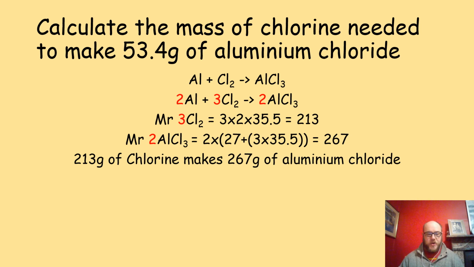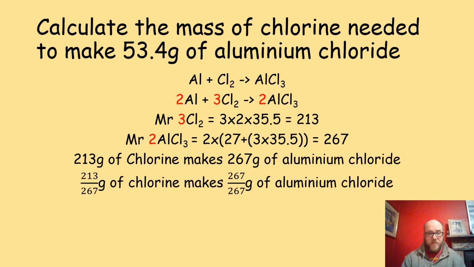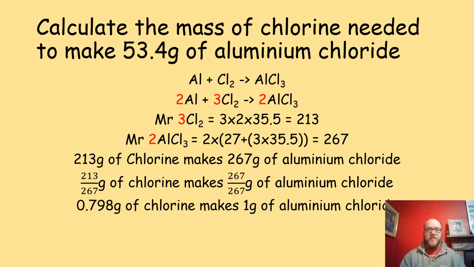So what can I do from here? Well, I want to know now how much chlorine makes 1 gram of aluminium chloride. So I can just divide both sides by 267. So 213 divided by 267 grams of chlorine will make 267 divided by 267 grams, which is 1 gram of aluminium chloride. Perfect. So I've now got 0.798 grams of chlorine makes 1 gram of aluminium chloride. Fantastic. But I need 53.4 grams.